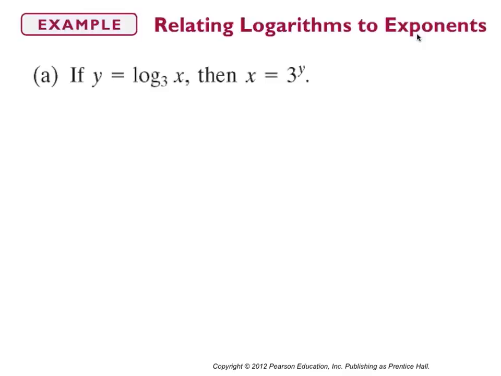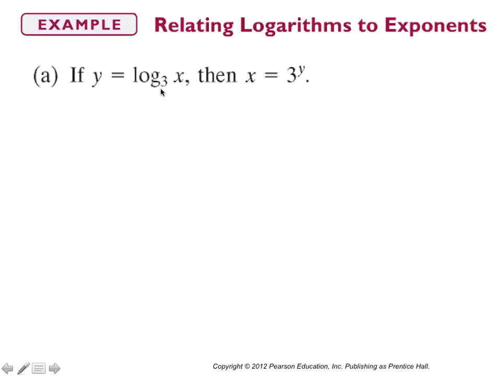Okay, so if we have y equals log base 3 of x, what we say is that x equals 3 to the y power. For some people who are visual, it's easier if you imagine the numbers sort of floating into place. The base of the log is 3, and that's the base of your exponent over here. And then the number that was by itself, in this case y, becomes your new power.